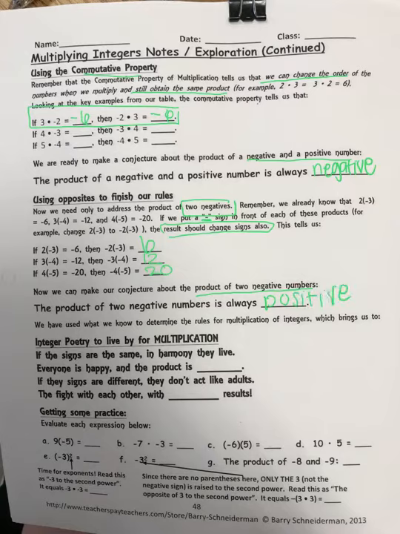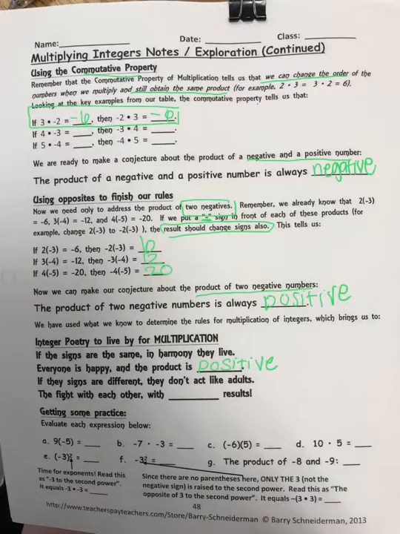So now we can use what we know to determine the rules for the multiplication of integers. Y'all ready? If the signs are the same, in harmony they live, everyone is happy, and the product is positive. If the signs are different, they don't act like adults.